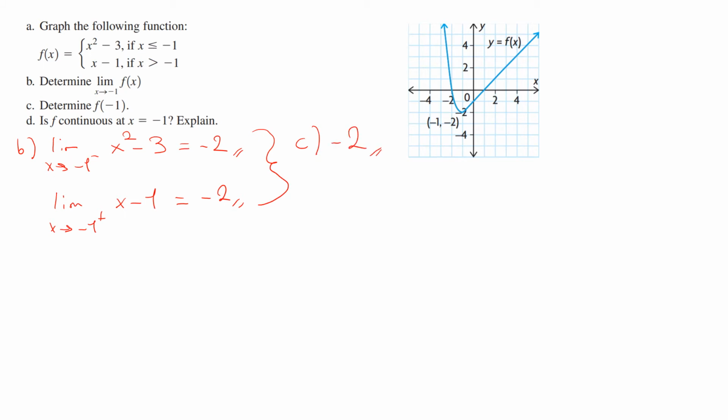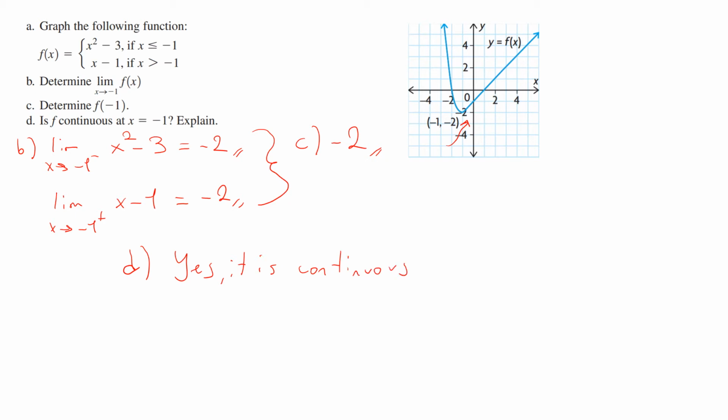For part D, what we found is, is f continuous at x equals -1? I look at the graph: no jumps, no gap, no infinite discontinuity. So therefore I can just say yes, it is continuous.